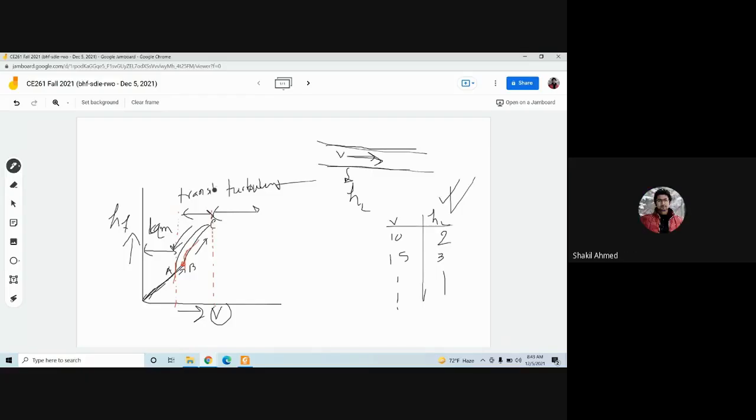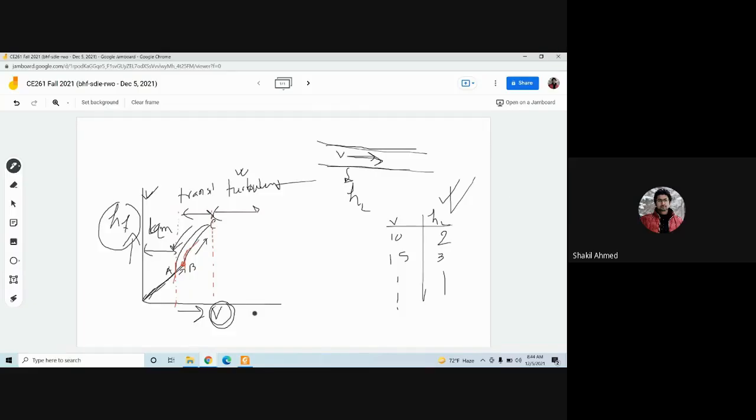Yes, sir. That means the HF velocity plot behaves differently in the laminar zone and in the turbulent zone.